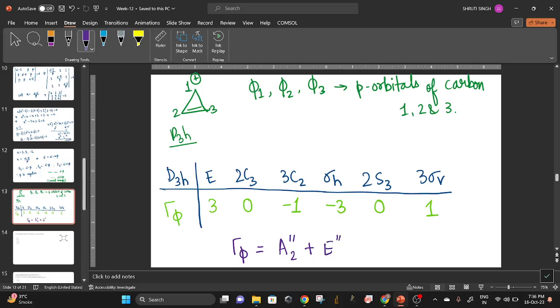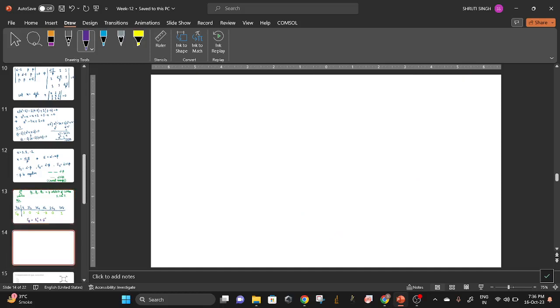Now when we apply the projection operator, instead of D3h, we can work with the cyclic group C3. So when we apply the projection operator of A symmetry on phi 1, what we get is phi 1 plus epsilon phi 3 plus epsilon star phi 2.